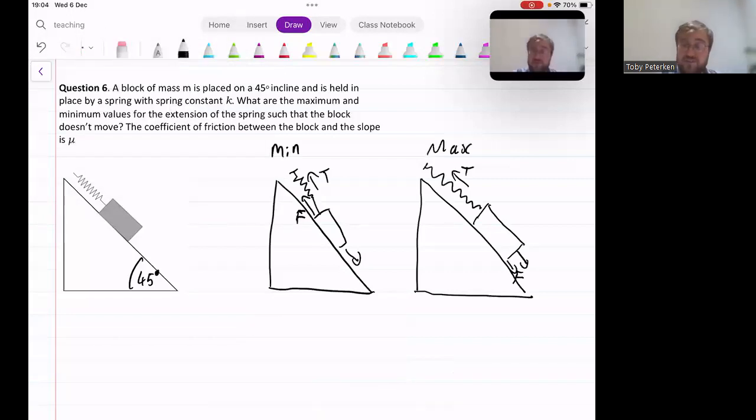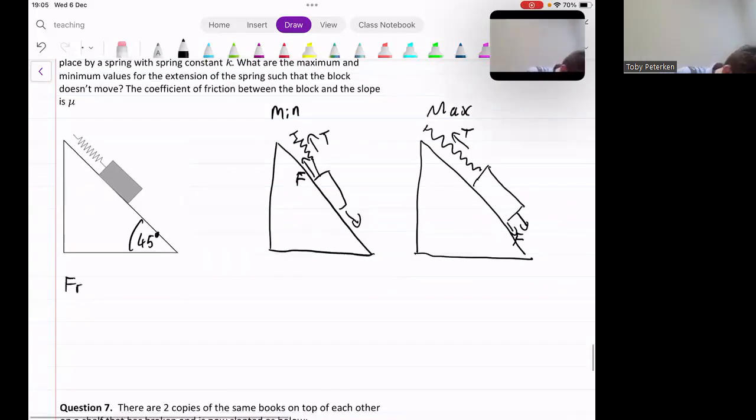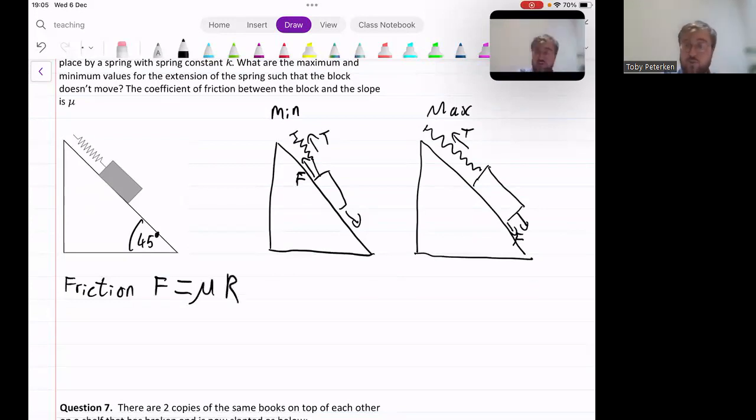And remember that this is going to be static friction. At the minimum and maximum extensions, things still aren't moving, but it's about to start moving. If we were to extend this any more or any less, everything would start moving. So we have the friction force equal to mu times the reaction force, because we're just at the very edge of slipping.